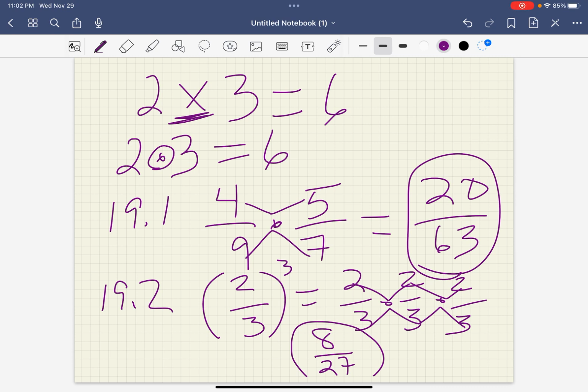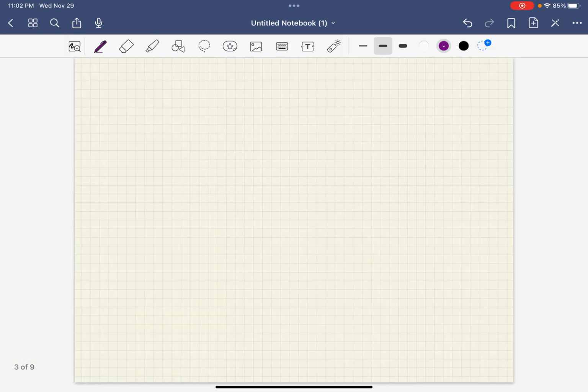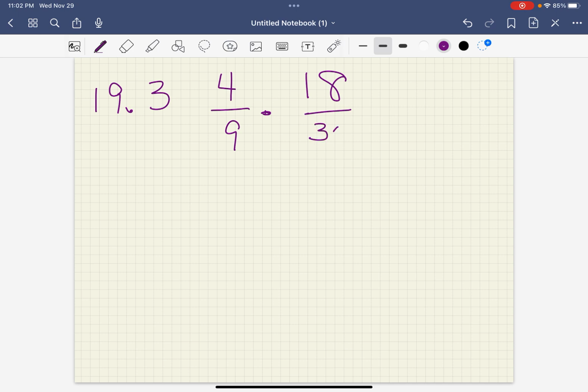Okay. All right, so the next one is on page 68, and it's 19.3, and it's 4/9 times 18 over 30. Now, we can reduce a lot before we do anything else to this. So we can always reduce fractions up and down.